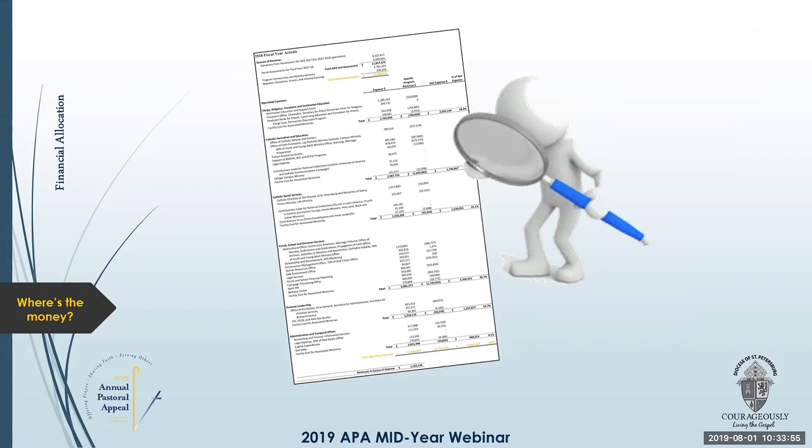This is a transparent piece that's to show where the funds come from and where they're distributed to, so that it can be a positive reinforcement for what we do as a church. Does anybody have any questions on that financial allocation? Okay, let's move on.